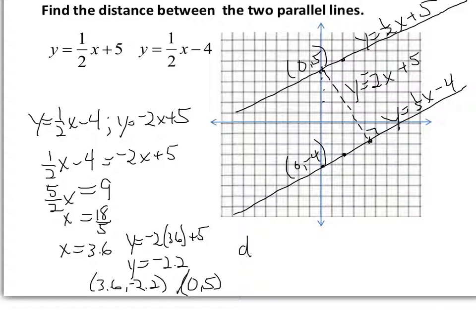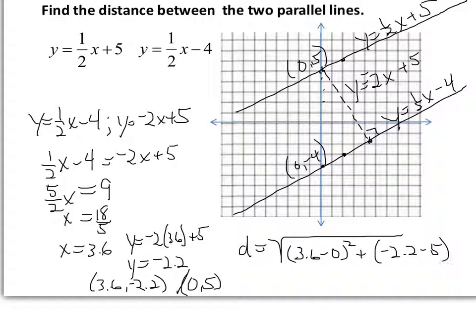So the distance between those two parallel lines is the square root of the change in x, so we got (3.6 minus 0) squared, plus the change in y, so that is (negative 2.2 minus 5) squared. So 3.6 squared is equal to 12.96.